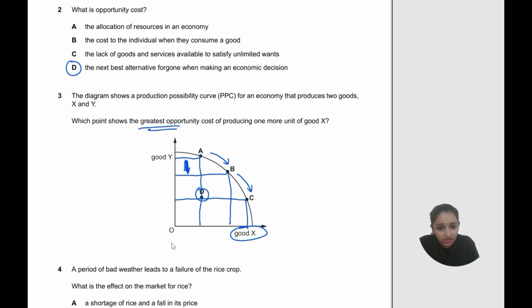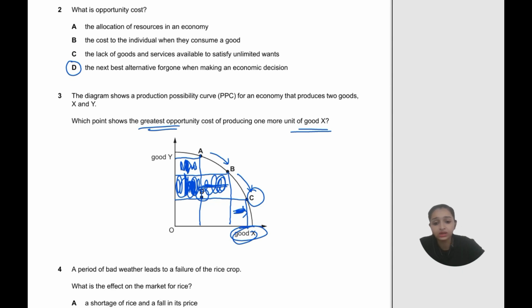This is the area of the cost, and you can see how much extra of good X you're able to produce. It is greater. But look at this space when you're moving from point B to C. This is a greater area of opportunity cost while the production is much lesser. So point C becomes the point of greatest opportunity cost, where the opportunity cost of producing one extra unit of X is the greatest. So C will be the answer here.